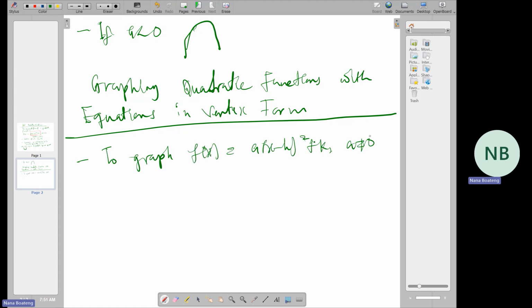If a is equal to 0, it's no longer a quadratic equation. So a cannot be equal to 0.